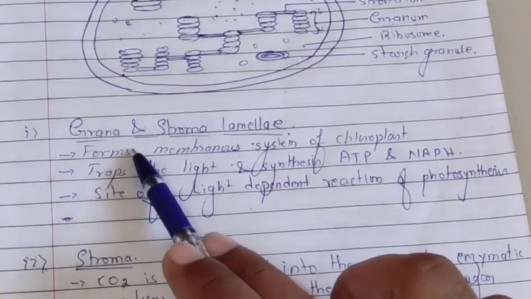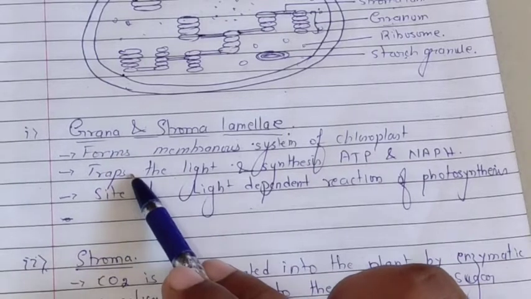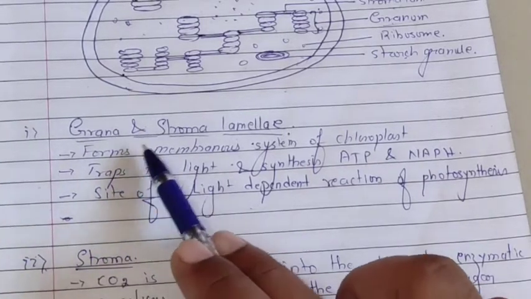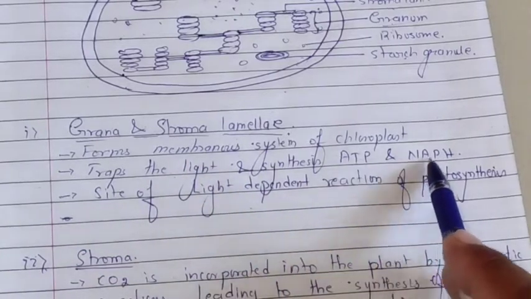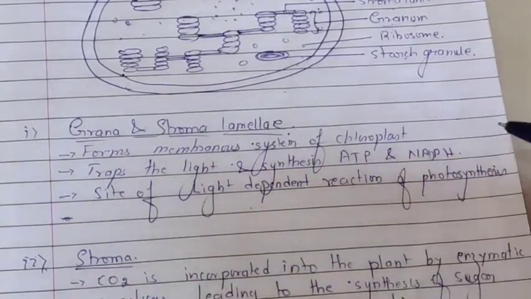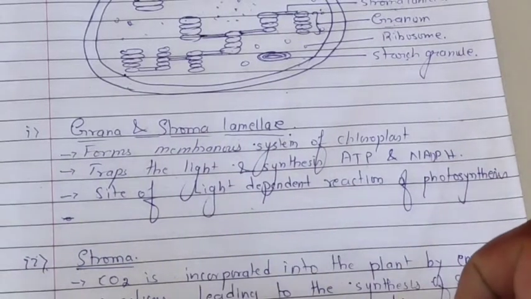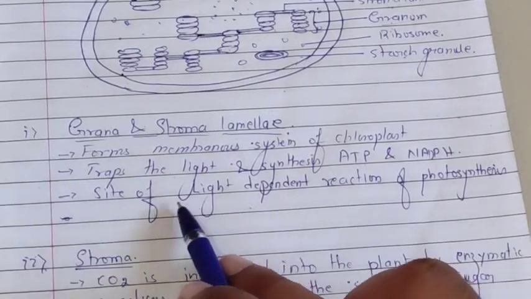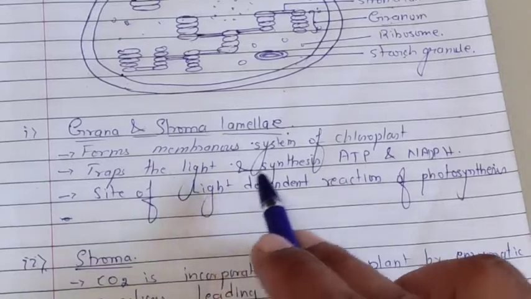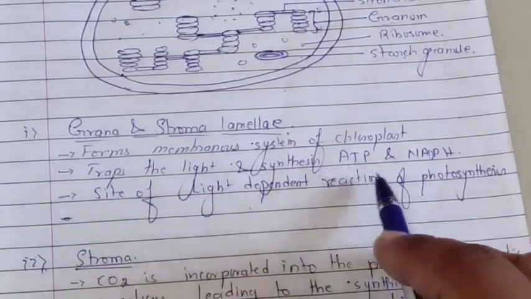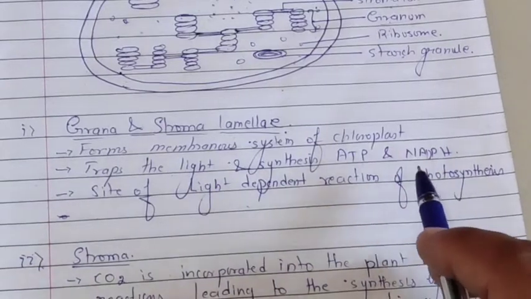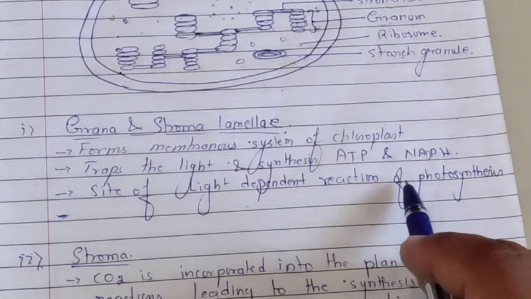It is this region where the light is trapped. The grana and stroma lamella trap the light and synthesize ATP and NADPH, and because of this, it is called the site of the light dependent reaction of photosynthesis. Why?